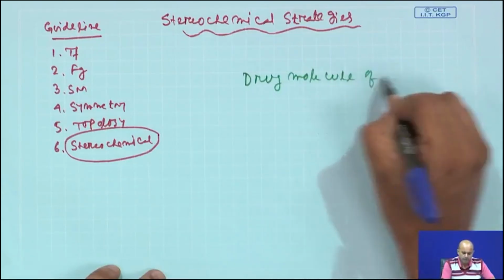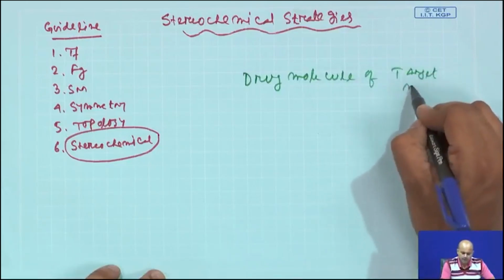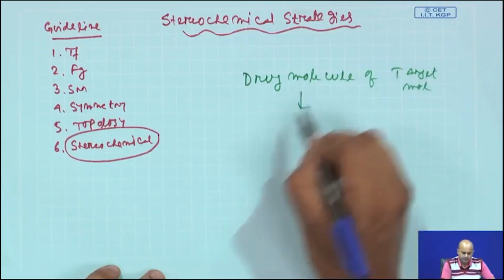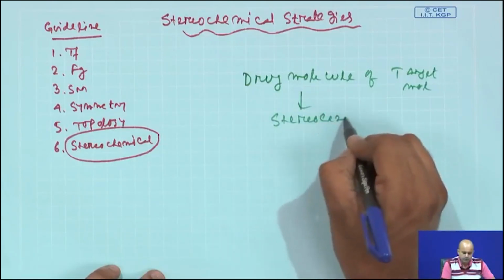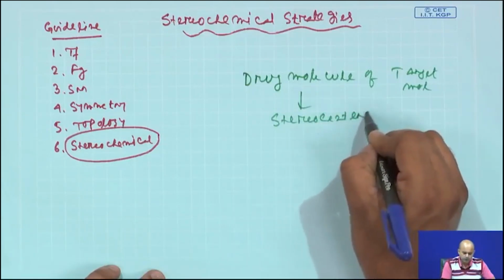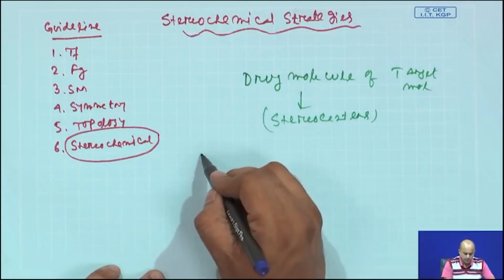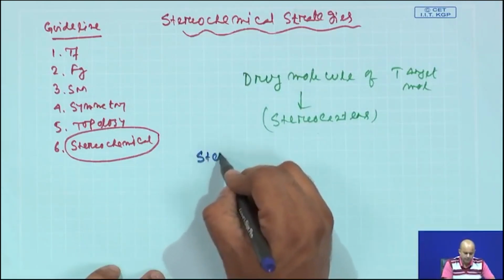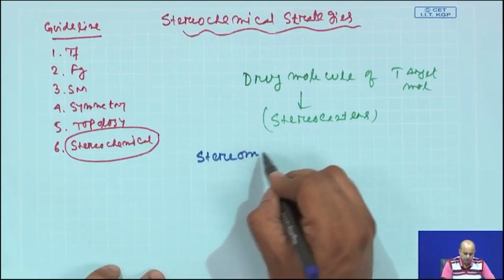And it is probably now quite mandatory, if you have a drug molecule or a given target molecule, particularly for a drug molecule, if you have stereocenters, then you need to prepare all the stereoisomers for the given molecule, because we know that individual stereoisomers have different biological profiles.